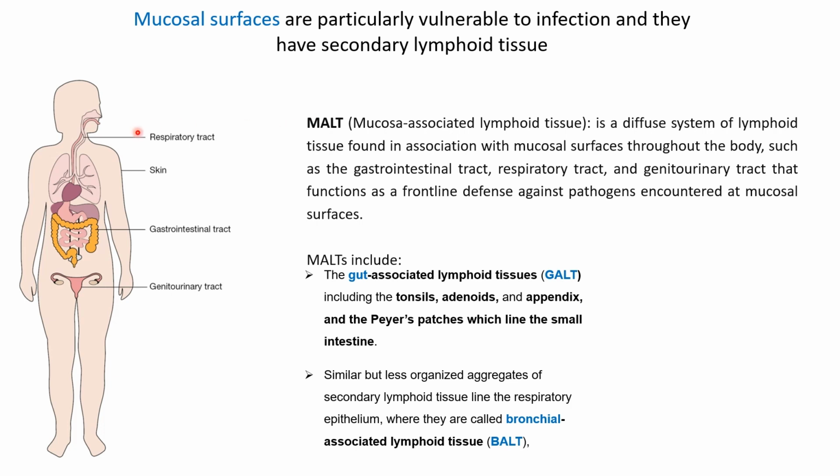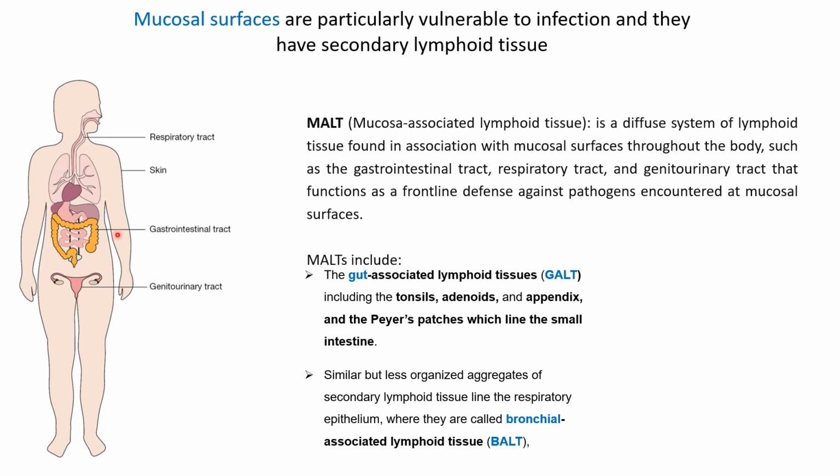And what are these mucosal surfaces? The respiratory tract. That's a critical point for infection, and it makes sense that there needs to be something on this front line to be a source of defense, and this is the mucosa-associated lymphoid tissue.